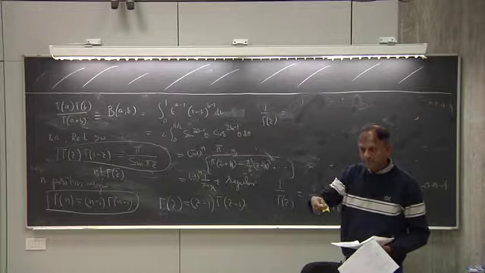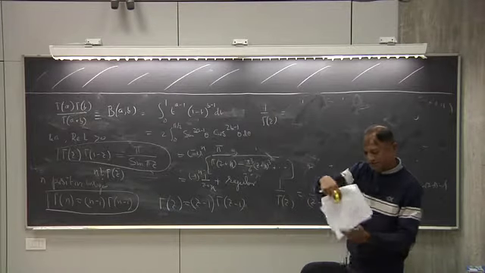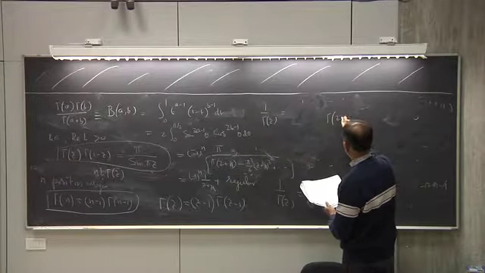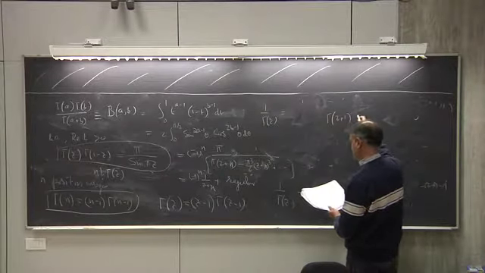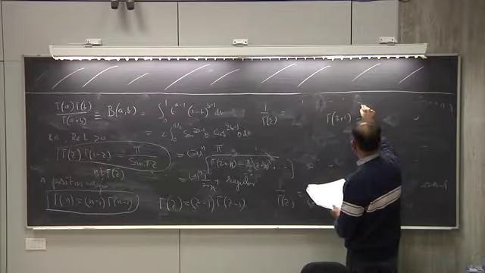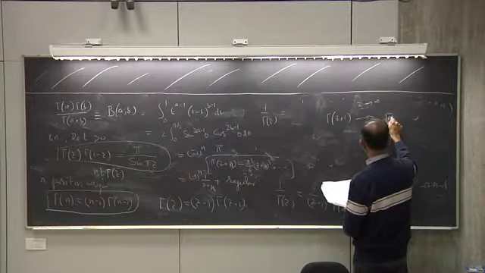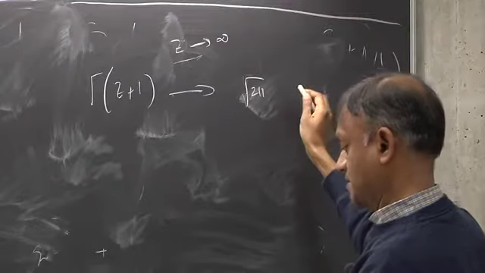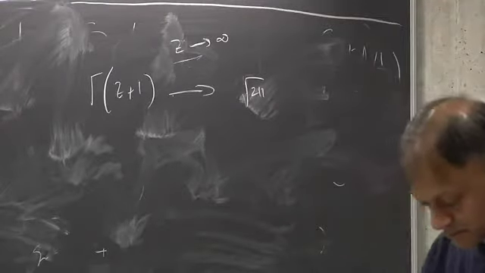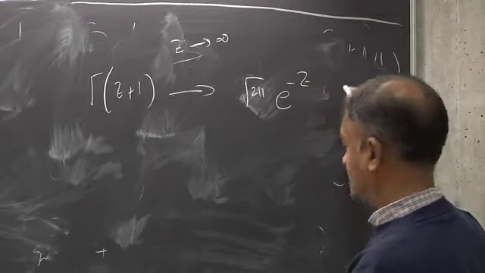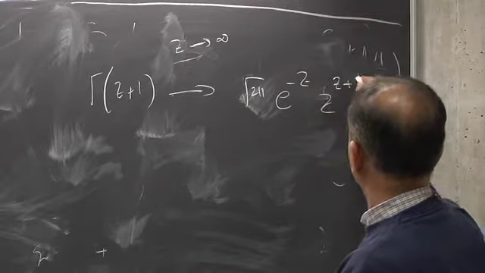That example gives you the Stirling formula, and that says that gamma of z plus 1, for z going to infinity, behaves like square root of 2 pi times e to the minus z times z to the power of z plus half.